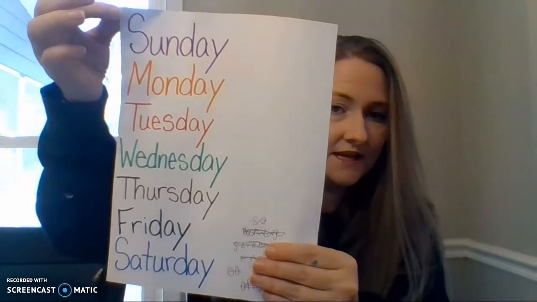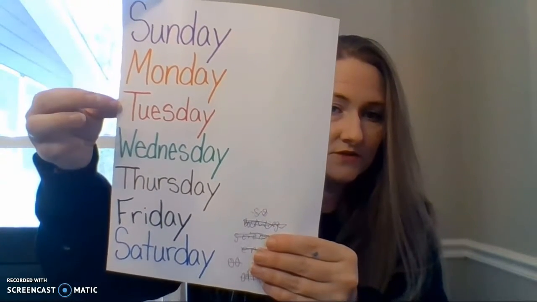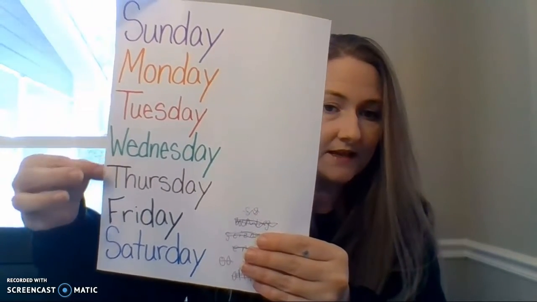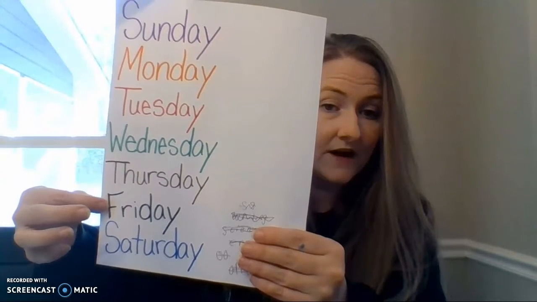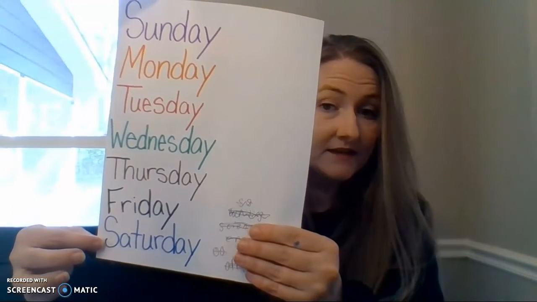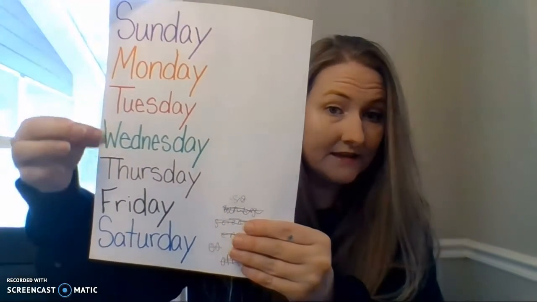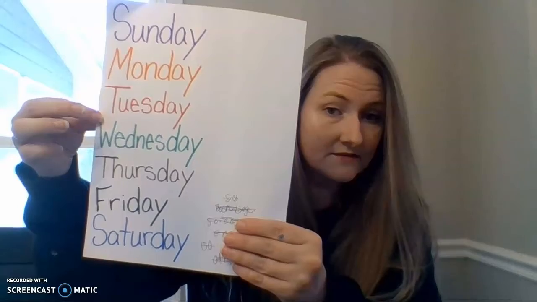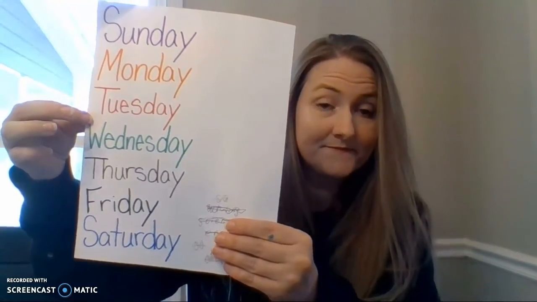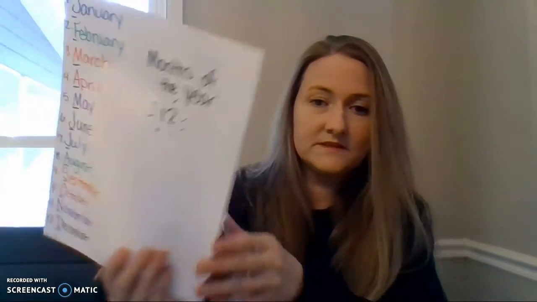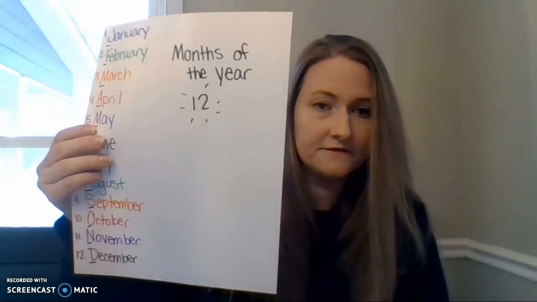So we have Sunday, Monday, Tuesday, Wednesday, Thursday, Friday, and Saturday. Now today is Wednesday. And our months of the year, there are 12.